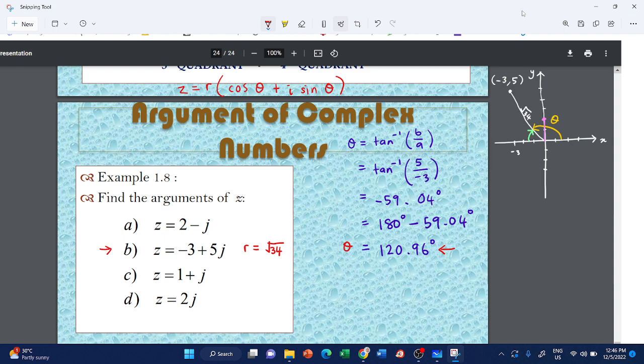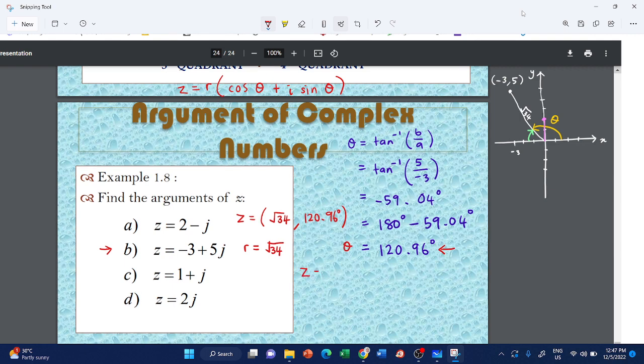So we can write it in polar form. In terms of coordinate, you just write here square root 34 and then 120.96. This is in terms of polar coordinate.